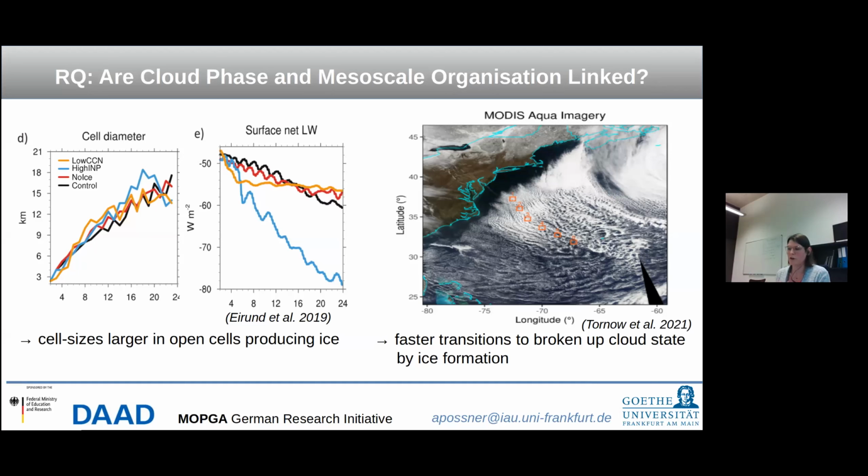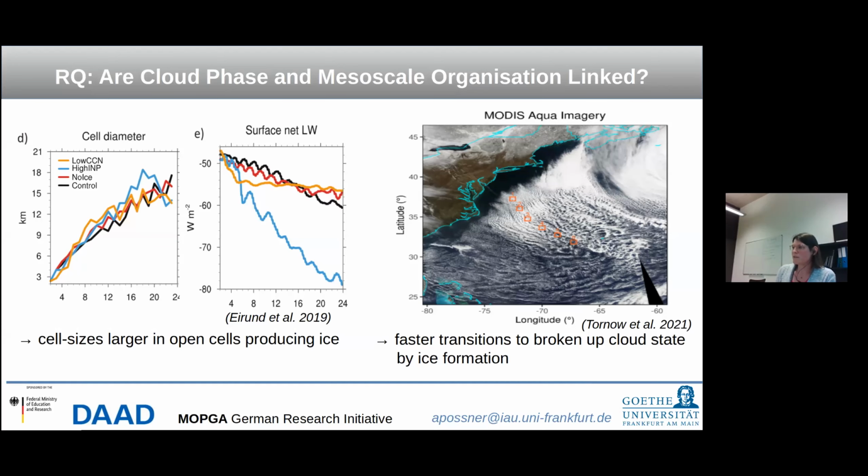Whereas if you have one ice crystal that freezes, it grows quite rapidly and falls out of the cloud and sublimates in the subcloud layer, changing the thermodynamic profile underneath the clouds. And that presets or facilitates a quicker transition from one regime to the other.